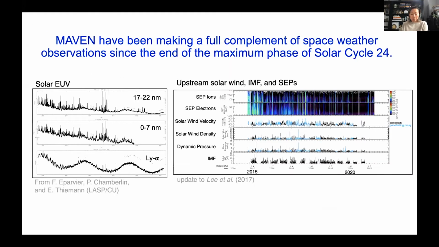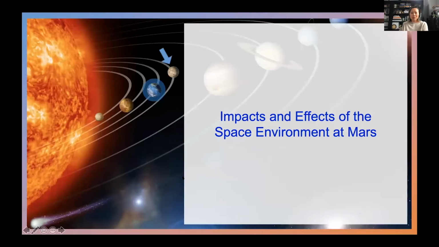And of course, some of you know about the MAVEN mission. MAVEN is making direct upstream observations, which is what I'm showing here on the right-hand side, and also solar EUV observations. There's an EUV monitor on MAVEN. I know some of you have heard of these observations before, and I'm not going to give you details about it. I just want to give you a heads up for those who don't know about them.